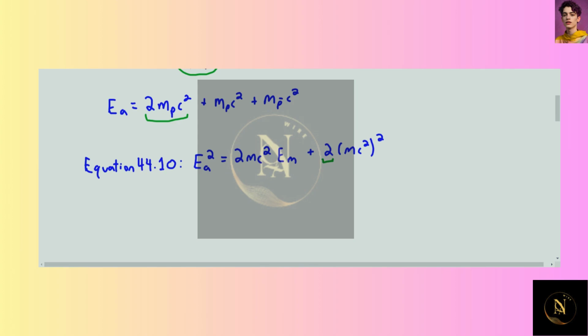Because those are equal, that becomes 4 mc squared on the left hand side. Two mc squared, 2 times mc squared.